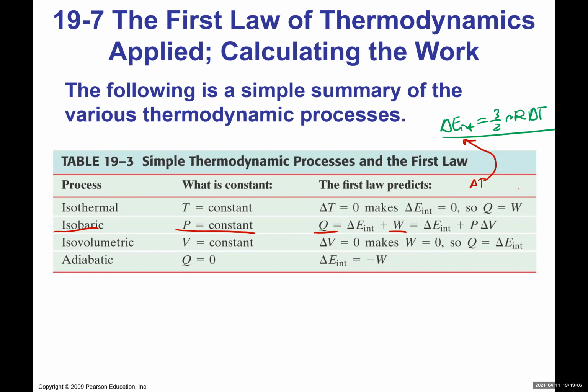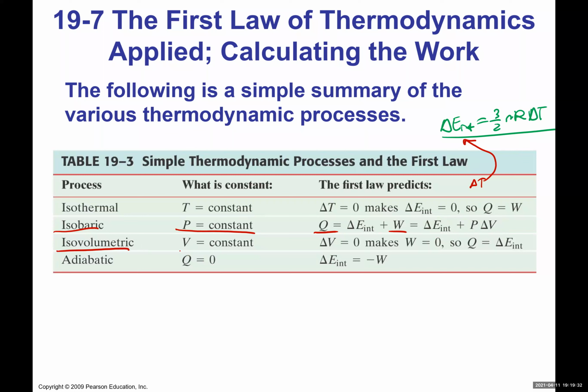And if you know the change in volume, then you can use that to calculate work done. Then the change in internal energy plus the work done by the gas will give you the amount of heat added or removed during the process. That's one of the ways you can go about solving problems in this type of process.